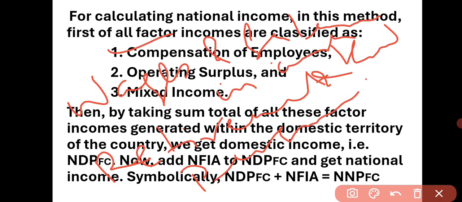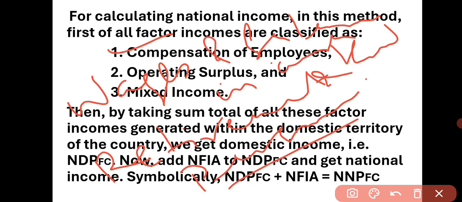You just remember one thing. There is a difference between retirement pension and old age pension. Old age pensions are unilateral payments or transfer payments.